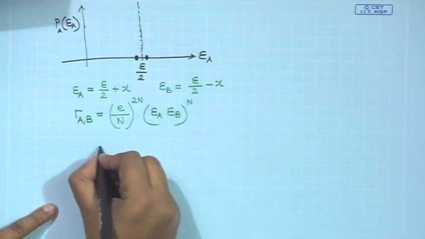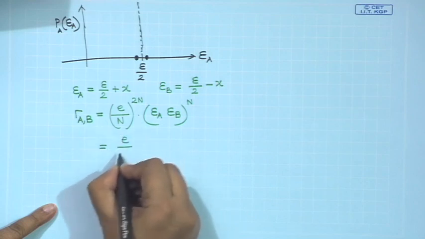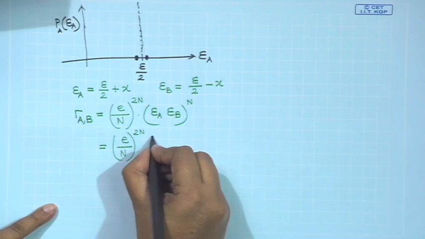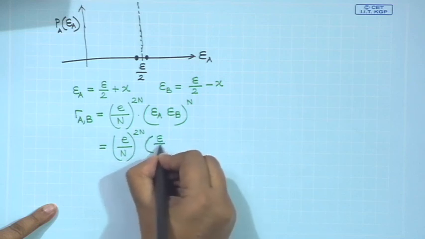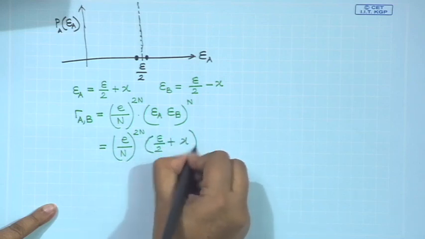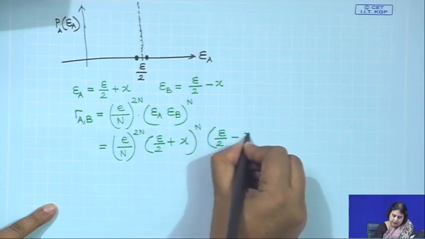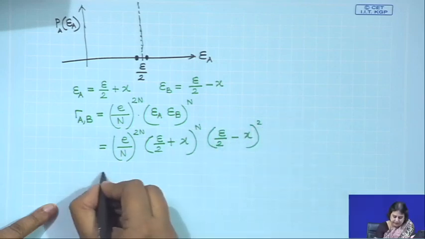And if I put these two expressions back here, what I find is this is going to be like (epsilon by 2 plus x) to the power of n into (epsilon by 2 minus x) to the power of n.